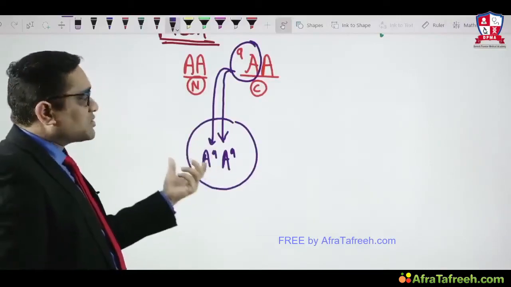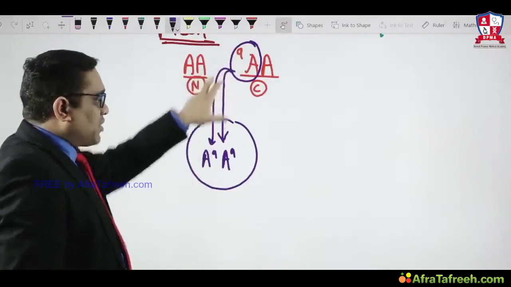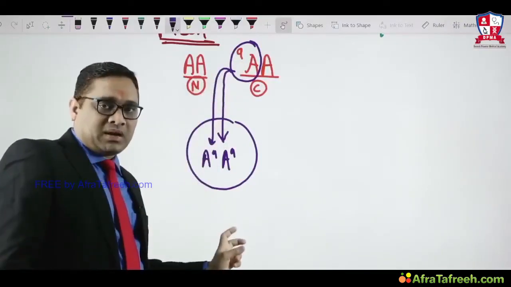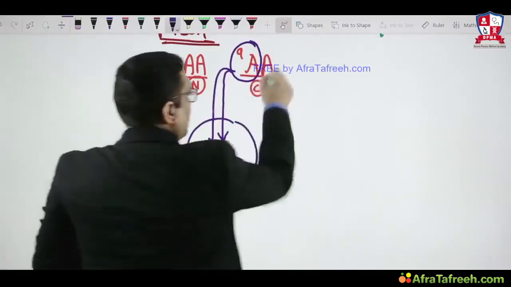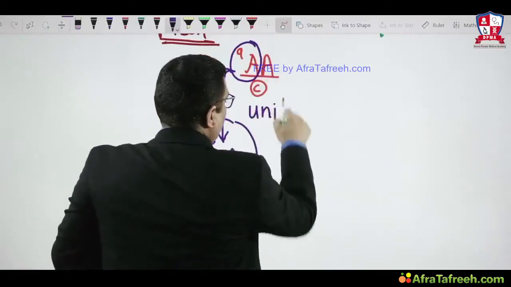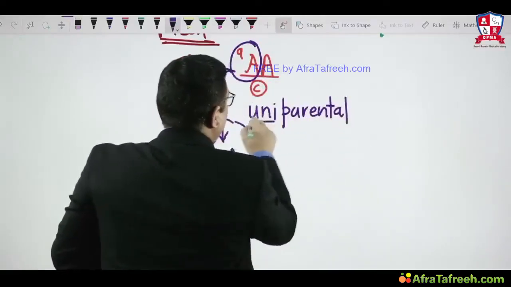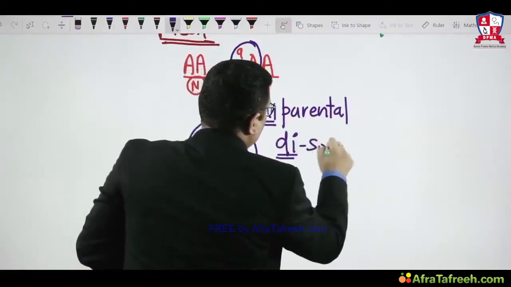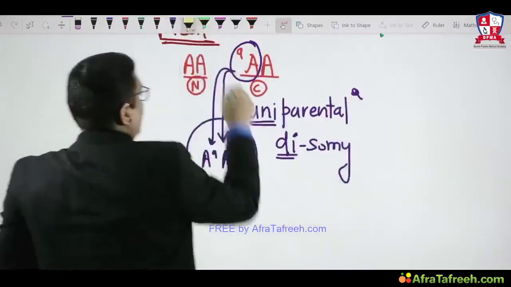So this mechanism is called uniparental disomy, where two chromosomes are inherited from the same parent, and those two chromosomes inherited from the same parent are unfortunately abnormal, right? That is why it is called uniparental, because one parent is giving. So this name itself is an informative name. Uniparental, disomy means chromosome. So uniparental disomy is the mechanism, and that was the answer.